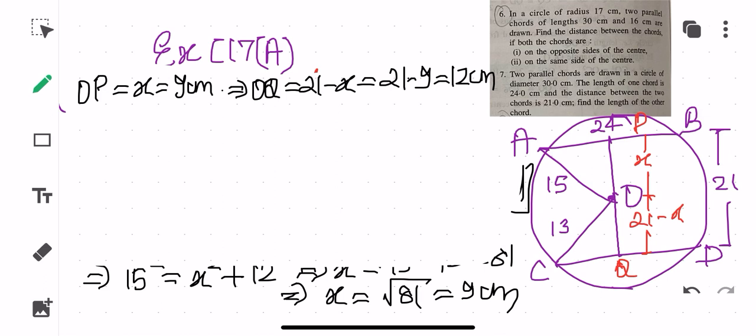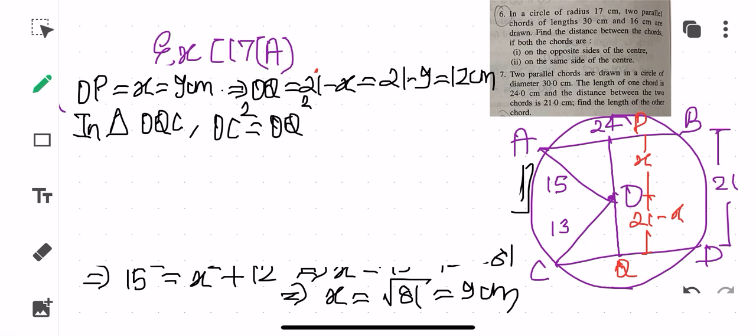Once you know OQ, you can move to the next part. We will now move to triangle OQC. Write down in triangle OQC, OC square is equal to OQ square plus CQ square.